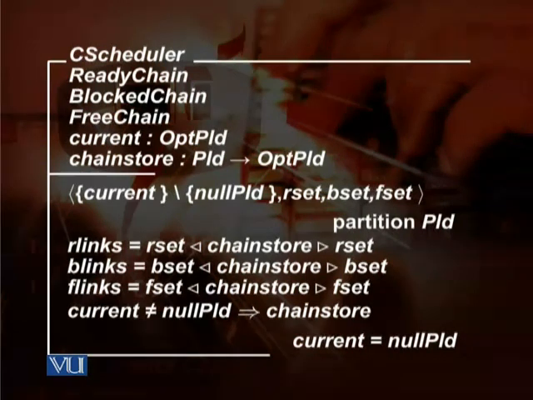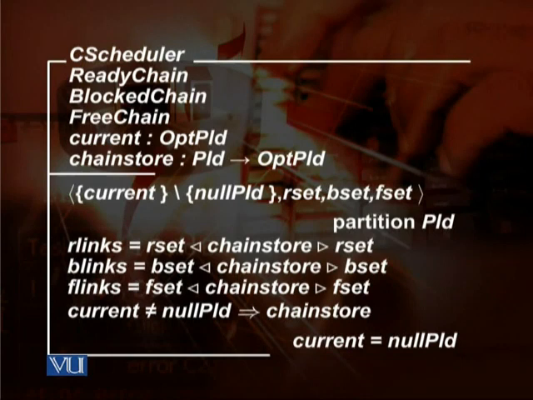It could be null or can have 1 PID. And chain store is a map from PID to optional PID. Once again, we have current minus null PID, R set, B set, F set, and we define it as a partition PID.